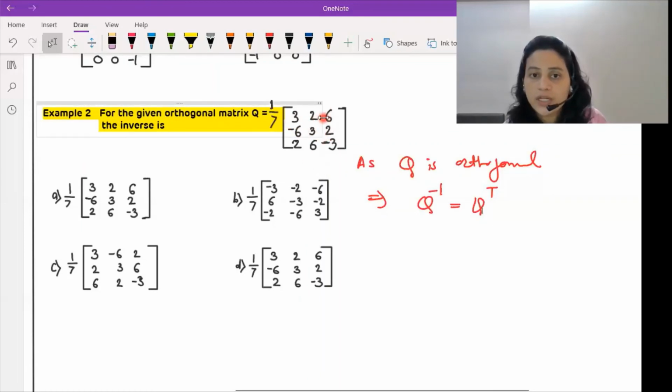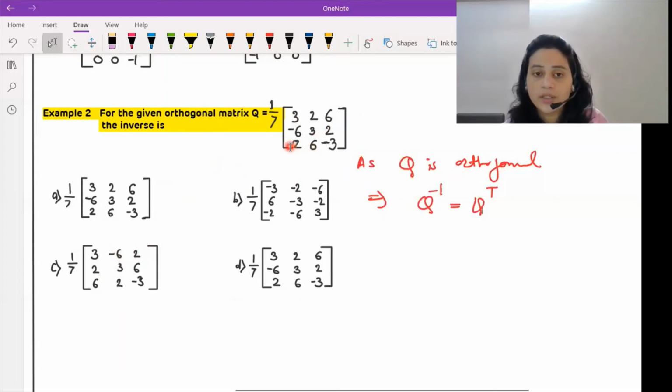Now the first row is 3 2 6. This is my first row, and in the transpose that becomes my first column, so we search for the first column 3 2 6. Here, see, 3 2 6. Now the second row is minus 6 3 2, so here the second column is minus 6 3 2.